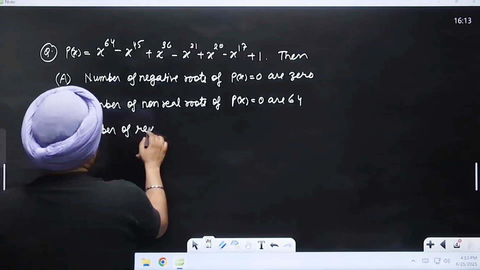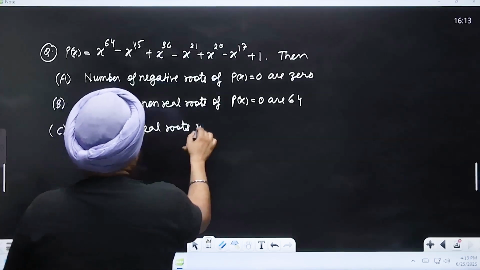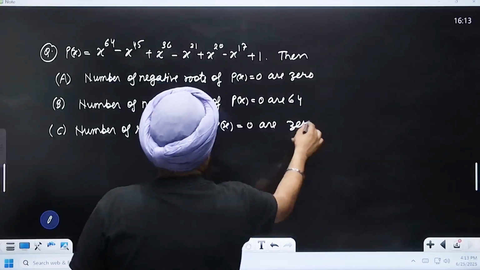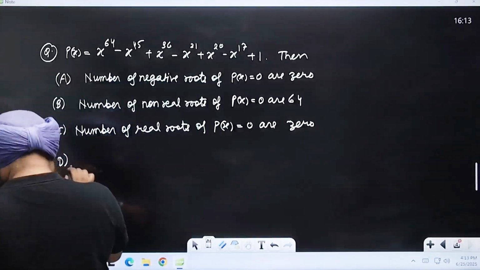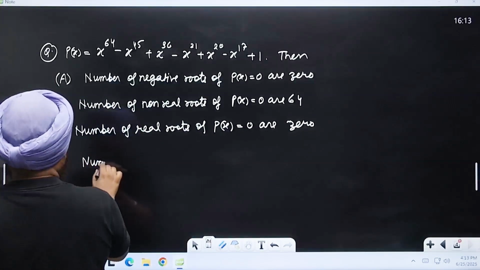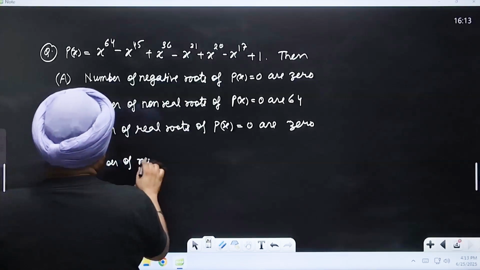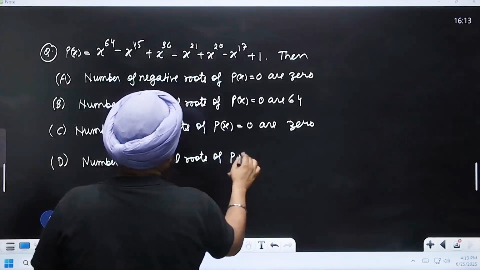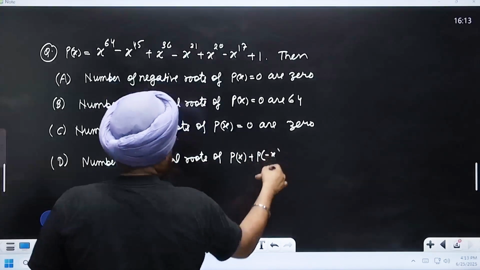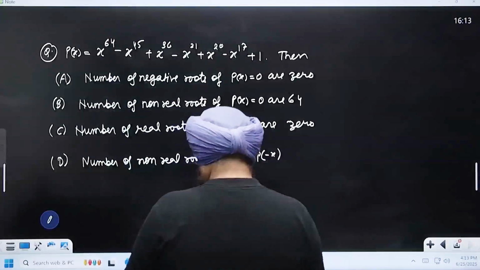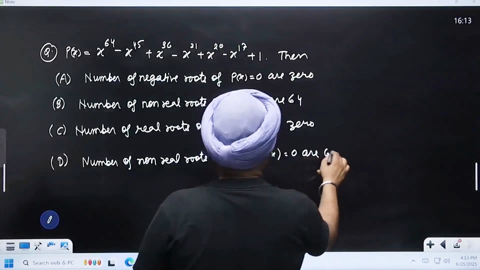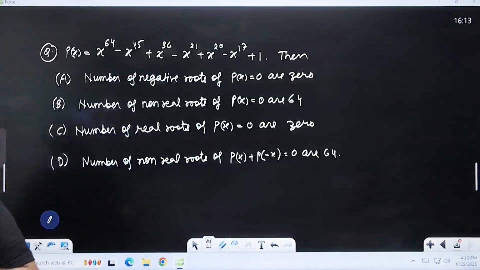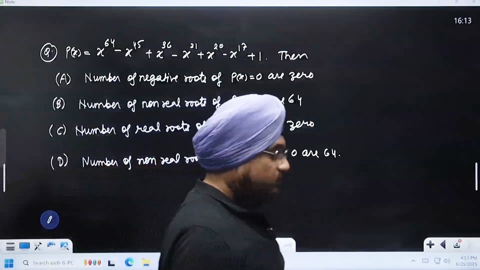Number of real roots of P(x) equal to 0 is 0. The last option is number of non-real roots of P(x) plus P(minus x) equal to 0 are 64. Okay, so one or more options may be correct.